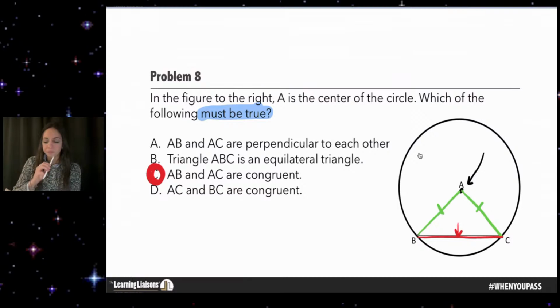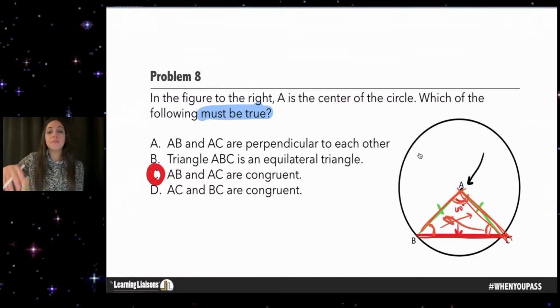Now, if they said A is the center of the circle and angle BAC is equal to 60 degrees, then I would know that BC is equal to all of those, because if these sides are congruent and this is 60 degrees, that tells me that this is also 60 and this is also 60, because those angles have to be the same because those sides are the same.